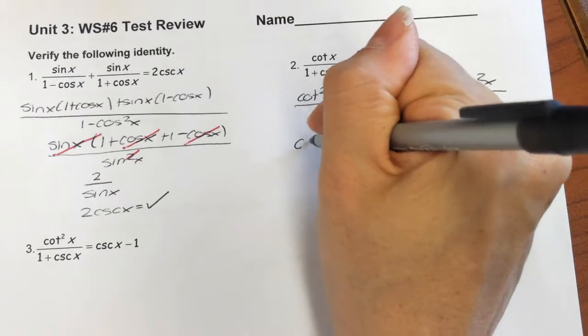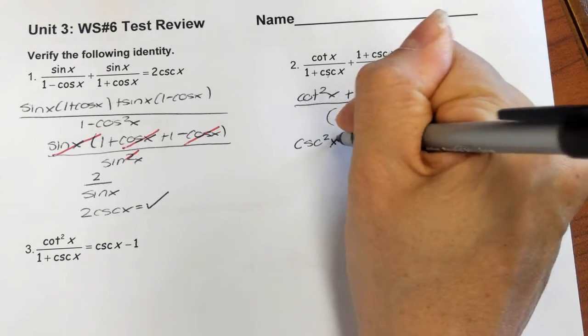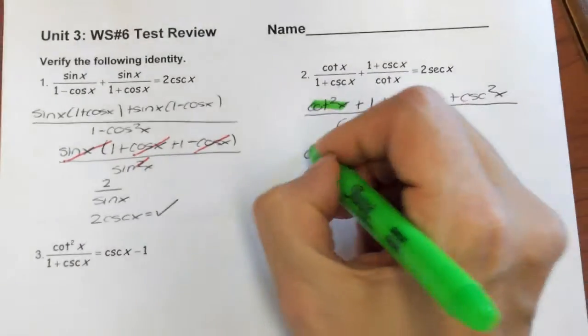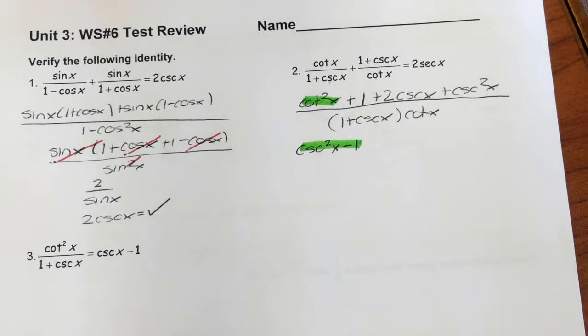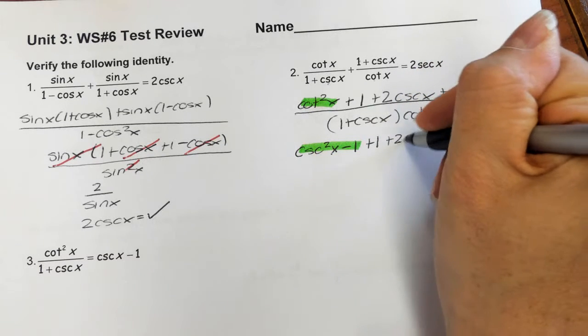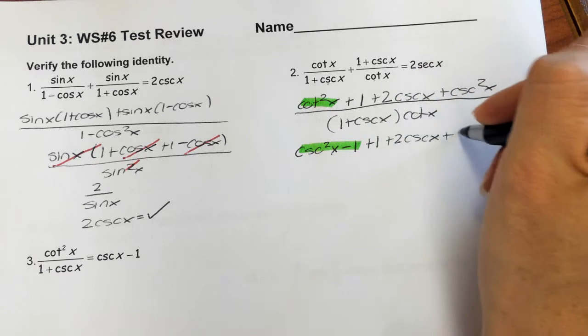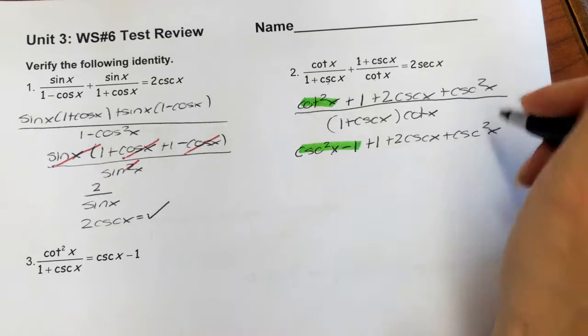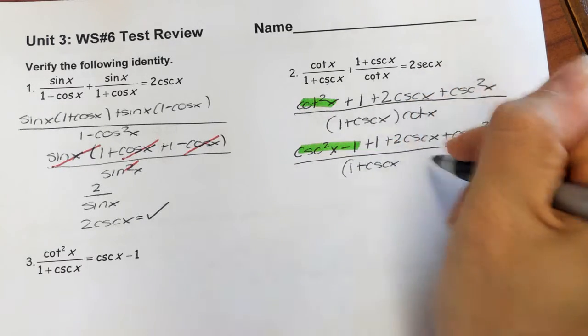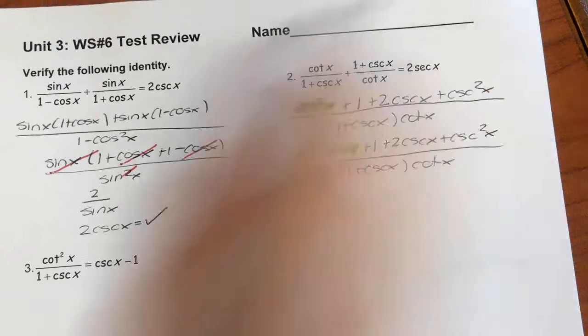So we're going to replace it with cosecant squared x minus 1. So this cotangent squared became this. And then I still have plus 1 plus 2 cosecant x plus cosecant squared x on the top, and 1 plus cosecant x cotangent x on the bottom.